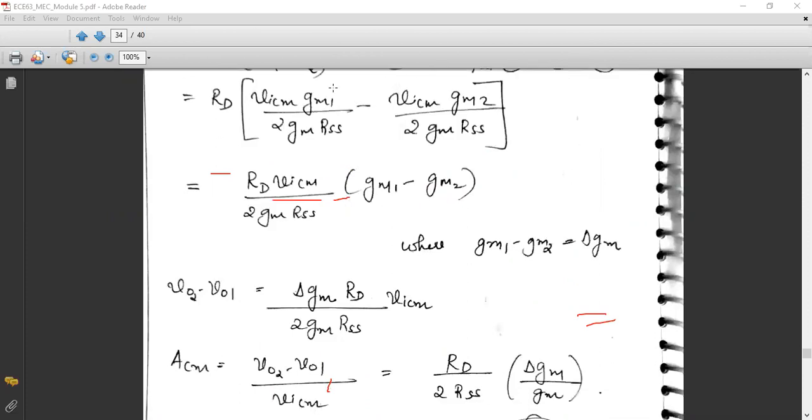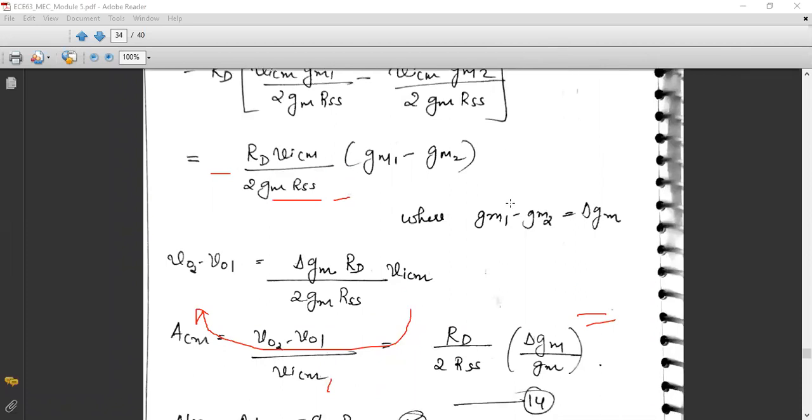Now to find the gain, we need to find the ratio between output and input. So take VICM to the right side. So after taking VICM to the right side, your equation will become RD by 2GM into RSS and delta GM, of course. So RD by 2GM into RSS, and in the numerator, we are having delta GM.